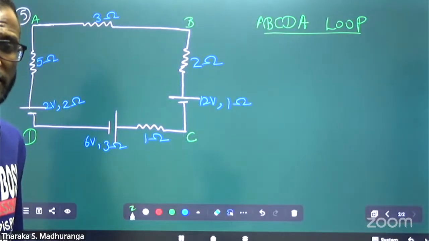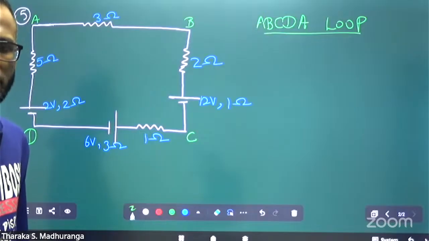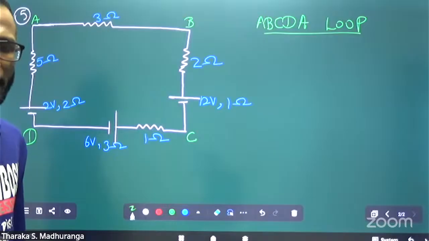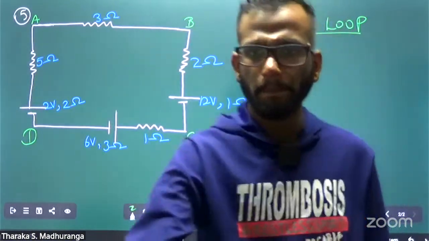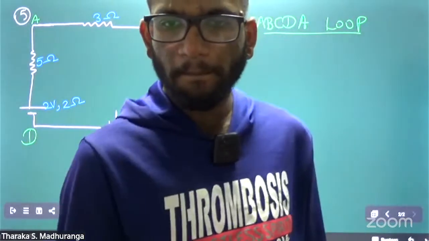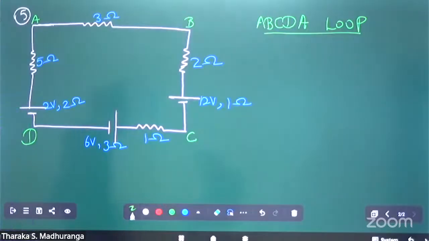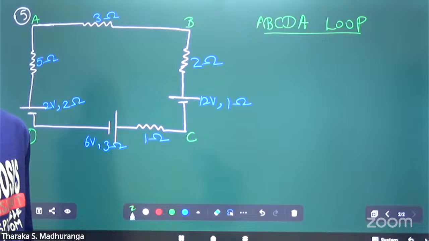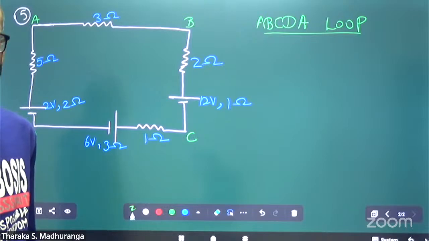What is the current flowing through this? Okay, 0 point value, right? Yes. Okay, let's try.